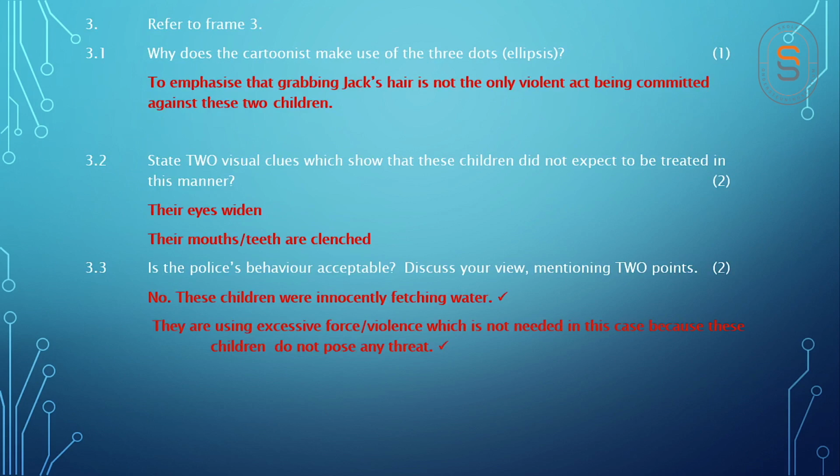And then 3.3, is the police's behavior acceptable? Discuss your view, mentioning 2 points. All right, then no, these children were innocently fetching water. They are using excessive force or violence, which is not needed in this case because these children do not pose any threat. They acted within the law because they went up the hill to fetch essential water, something that they needed.